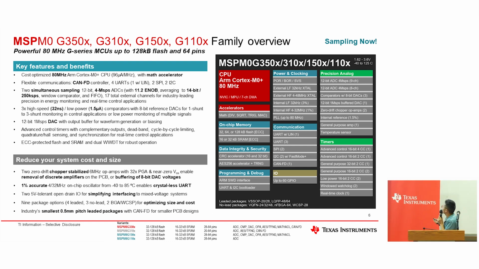In the analog peripherals, we have improved the performance of the ADC. The main difference is the sample rate. We have increased our sample rate to 4 MSPS. That is much higher speed than our competitors. And then we have added a 12-bit buffered DAC. You can use it as analog output in your application.